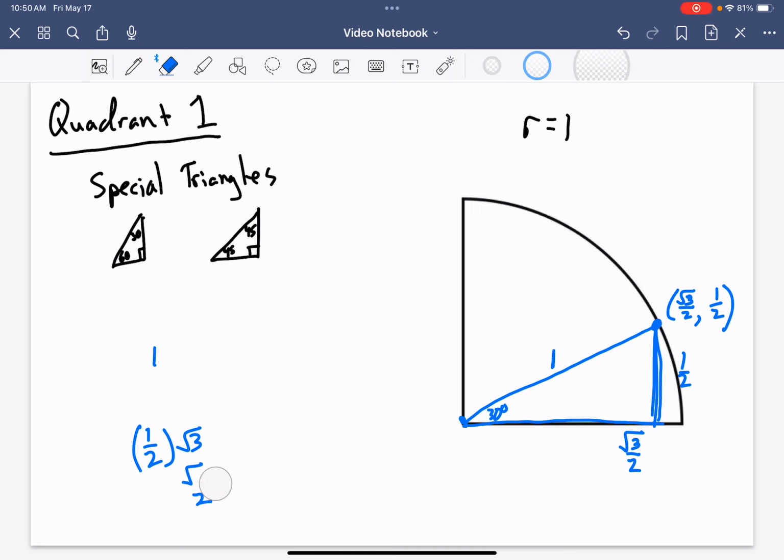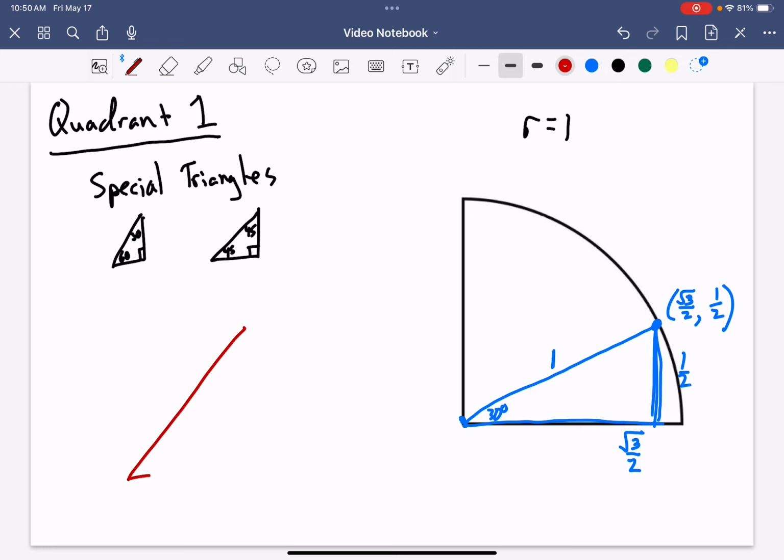Now, let's take a look at a different one. Let's take a look at the 45, 45, 90. So I'll make it a little bit bigger here so we can see it, and I'll apply it on my unit circle. So the 45, 45, 90 right triangle, because again, it's on the unit circle, this length is 1. My hypotenuse is 1.